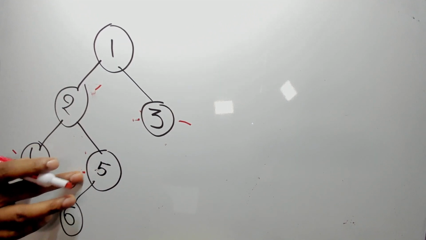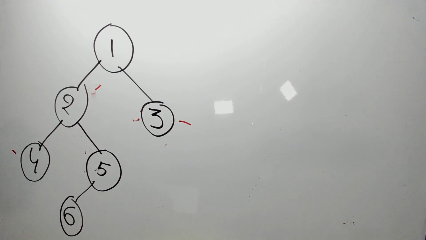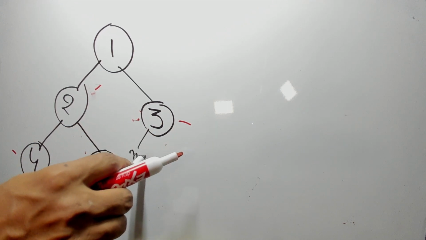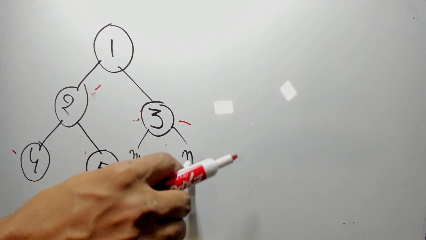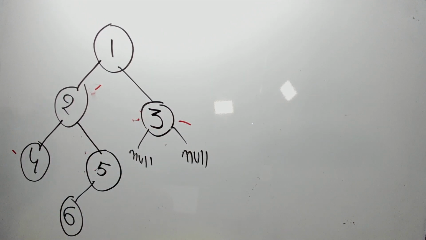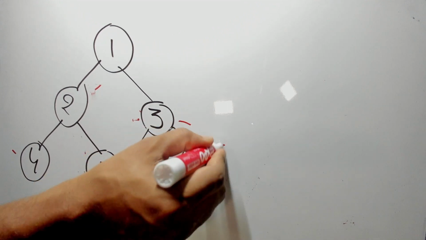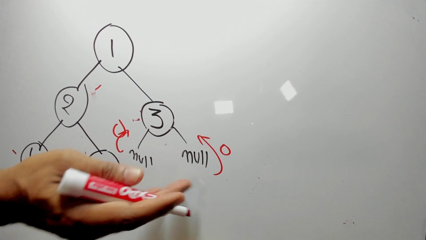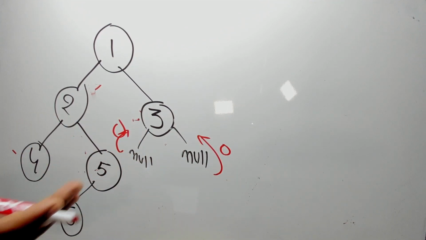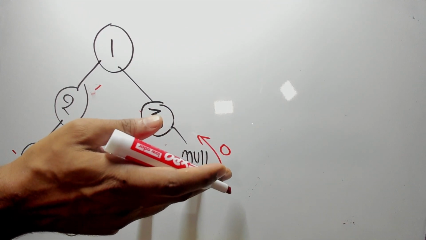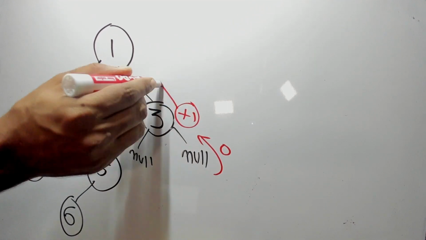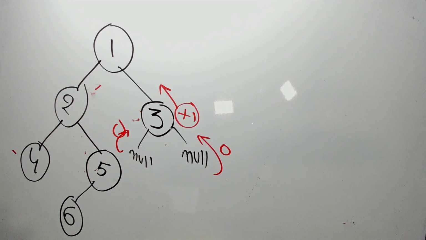So the base case here will be, the time we see null, we're gonna return 0, and the time we reach a node, because we need to take the maximum, we have to see which one is the maximum of these two nodes, and we're going to add 1 before returning to its parent node in our backtracking solution.